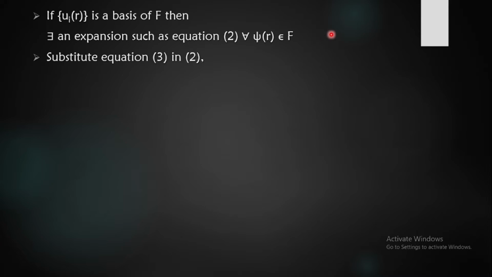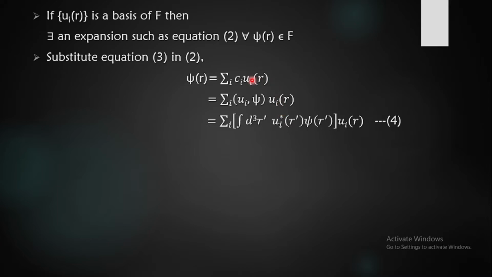We can define xi of r equals summation ci ui of r, where from equation number 3 we have ci equal to the inner product of ui with xi, and ui of r as it is. Now again substituting the value of the inner product of ui and xi, instead of r we will denote it as r dash, to understand the difference between the previous notation and the newer one. Then ui of r will remain as it is. Let us call it equation number 4.